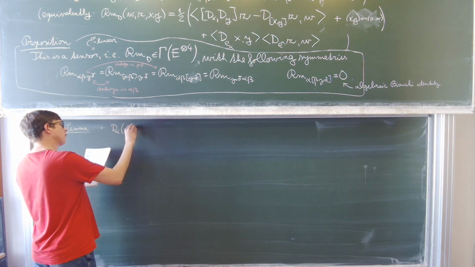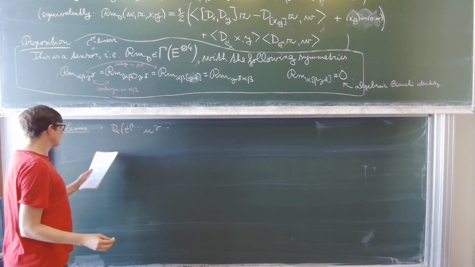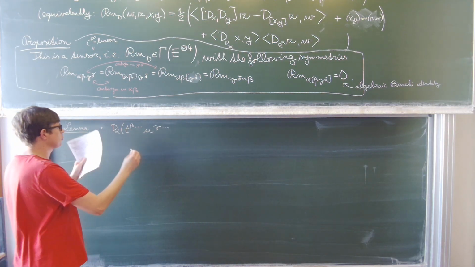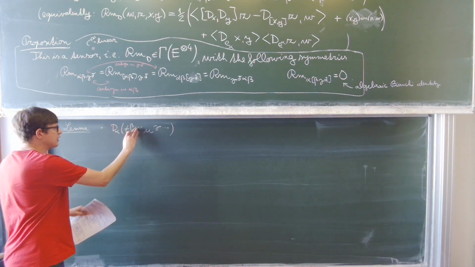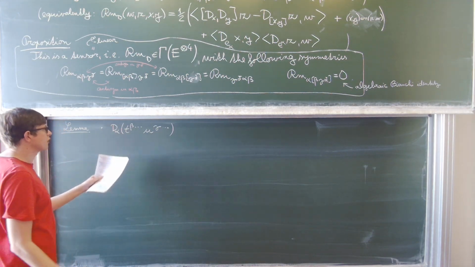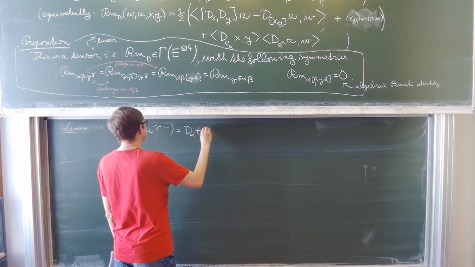So if I have two tensors, with some indices here and some other indices, and I take the derivative of this, the first claim is that it satisfies the Leibniz rule, like this.